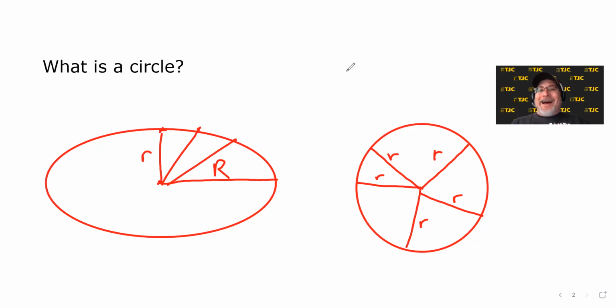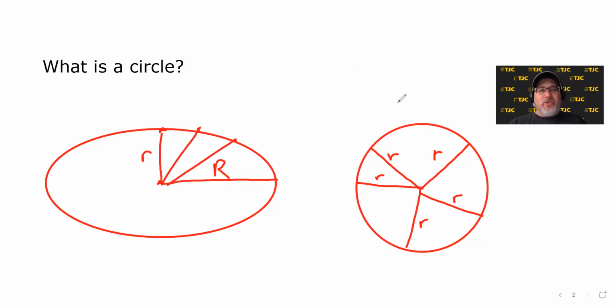If you were to tie a string from the center to any point on the circle and then move around the circle, the string would always be the same length. But in an ellipse, if you were to tie, let's say it's a rubber band so it can stretch, then it would be at its shortest here, it would be at its longest here, and everywhere in between it would be an intermediate distance.